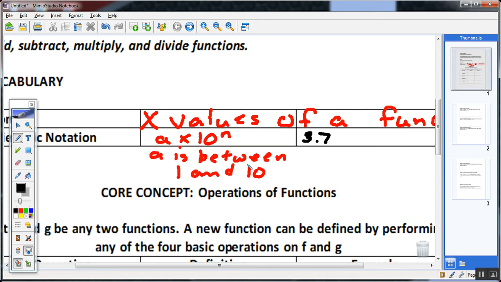Guys, does 3.7 fall in that window from 1 to 10? Okay, so that first value is between 1 and 10, and then maybe like times 10 to the 9th power, okay? What is this 9 right here telling me to do, kids, to my decimal point?